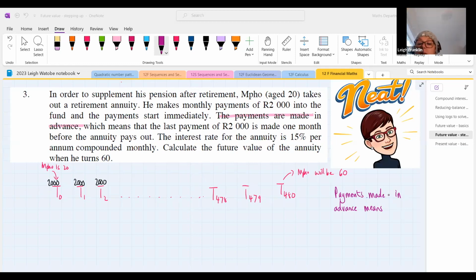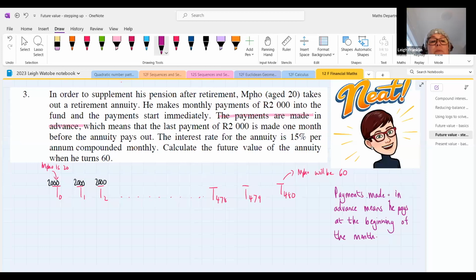You're all on the right track. He's paying early, at the beginning of the month instead of at the end of the month, not at the end like we've seen before. So that's what payments made in advance means.